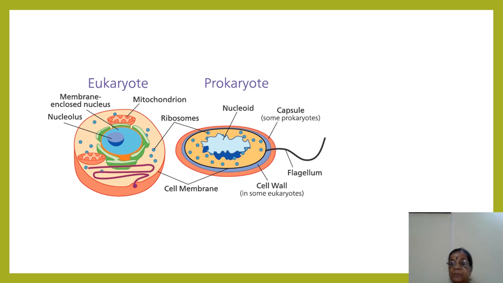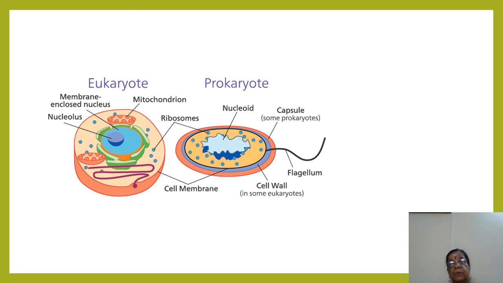But in some eukaryotes, the cell wall will be very clear. Whereas in the eukaryote, a well-defined nucleus is present with the outer nuclear membrane, nucleolus and nucleoplasm, and this nucleoplasm encloses the chromatin network, that is chromosome.